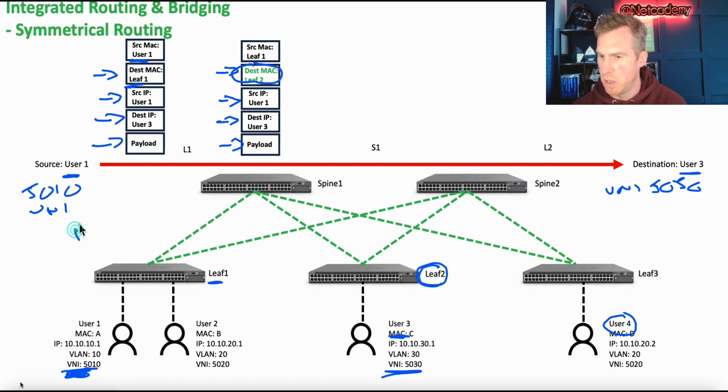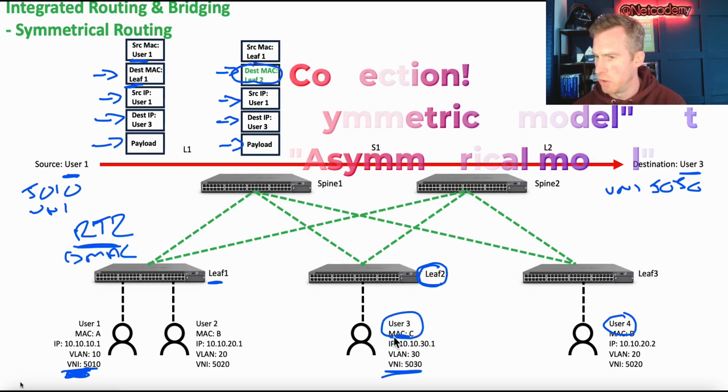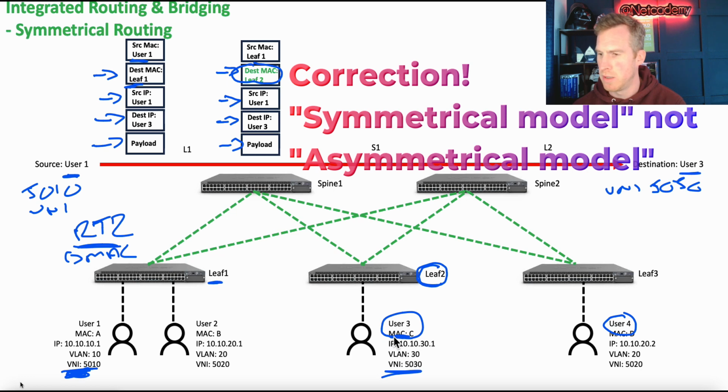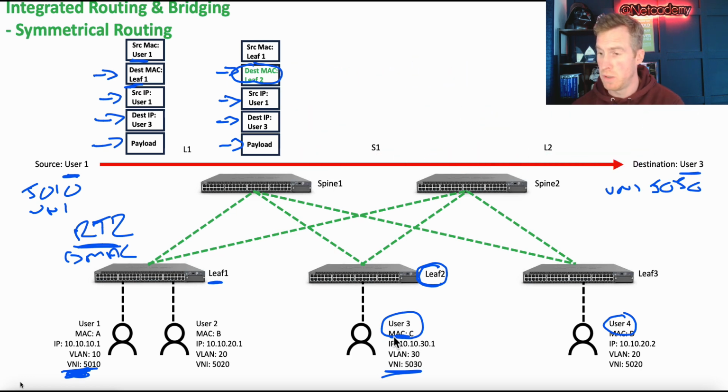And as we know, in the asymmetrical model, we were using via EVPN that route type 2 to advertise all of that MAC addressing. But in the symmetrical model, the route type 2 is not advertising the address of user 3, i.e. MAC address C. Now what it's actually doing is advertising the MAC address of leaf 2.